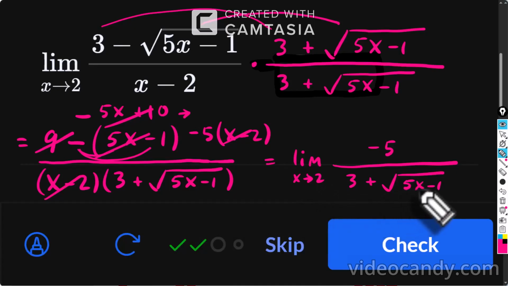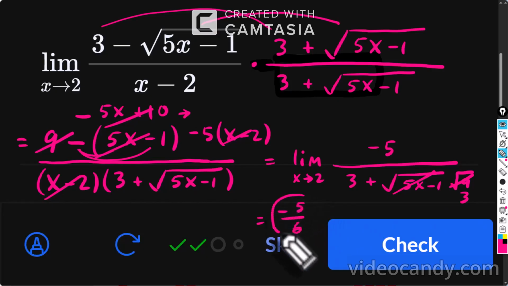If we put a 2 in here, we have 5 times 2, which is 10, minus 1, that's 9. So this right here is just radical 9. Okay, negative 5 is in the numerator. Radical 9 is just 3. And 3 plus 3 is just 6. So we have negative 5 over 6.